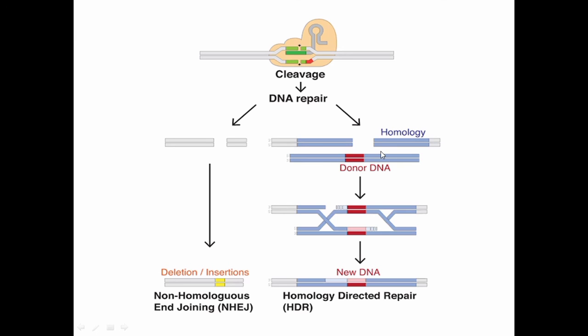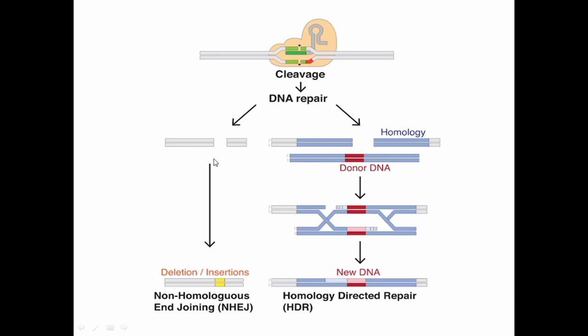As the cell is using this added template for repairing the double strand break, this sequence will automatically get inserted within the break region, and we will get a new, repaired DNA with our desired sequence by the homology directed repair mechanism.